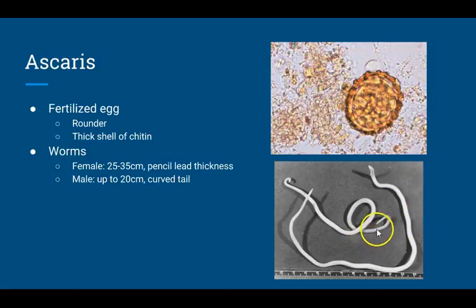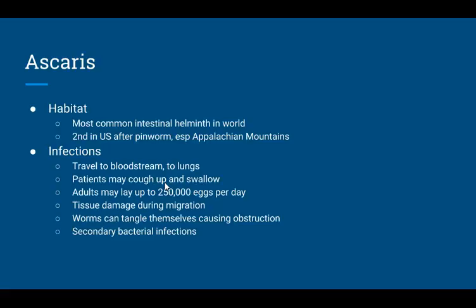The worms are really big. The female can be up to 35 and is thick like a pencil lead, and the males can go up to 20, and they have a curved tail. This is the most common intestinal helminth in the world, and it's second in the United States after the pinworm, and it's been seen in the Appalachian Mountains.